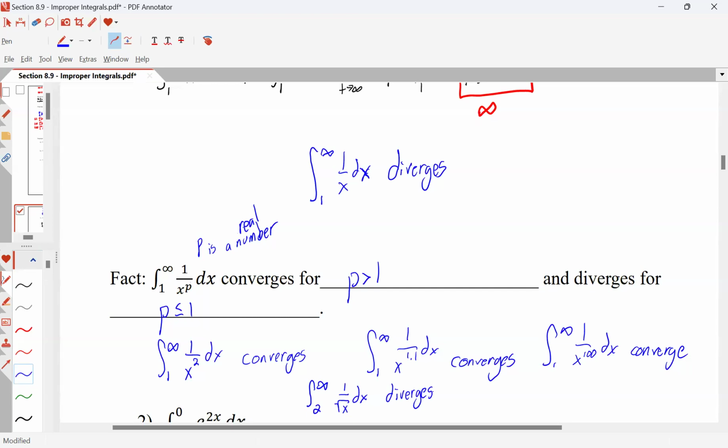So we know this fact. This fact is called the p-series test for integrals, making this something we can use for these very specific forms of integrals. And we will see in a later video how we can apply this to other integrals.